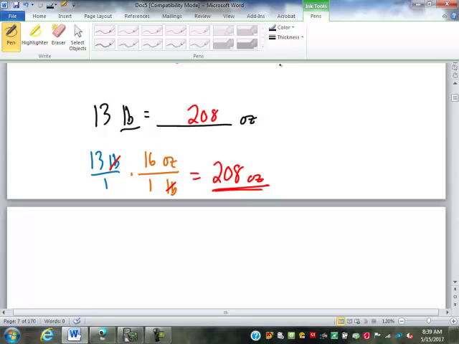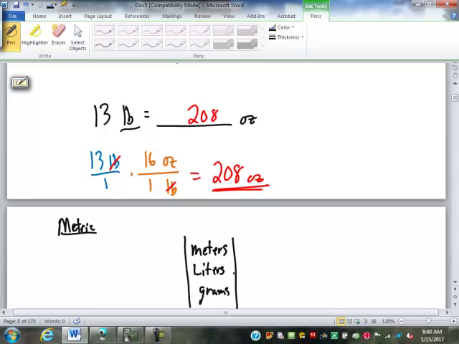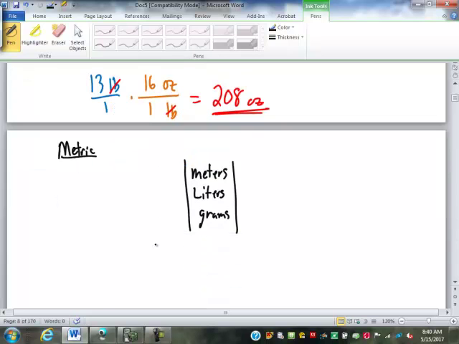If we look at metric, remember in our metric system, we've got meters, we've got liters, and we've got grams. Those are our main units. Length, capacity, and mass, technically, or weight. And then we have those prefixes.